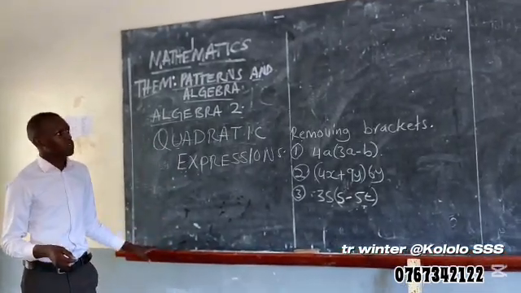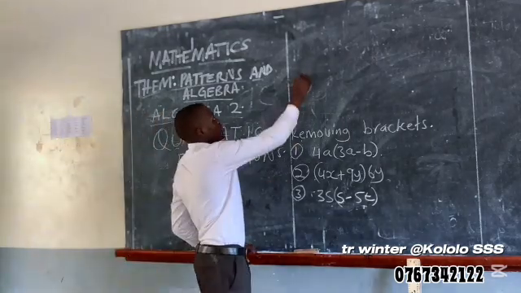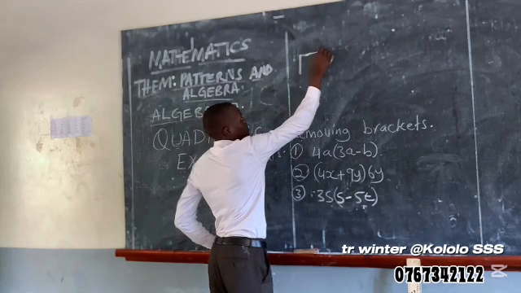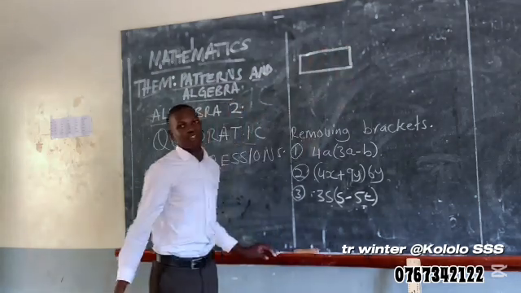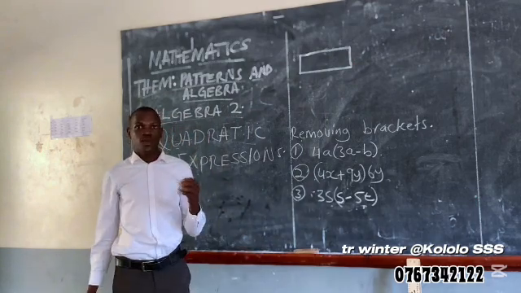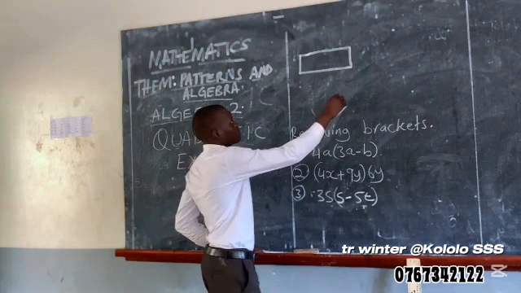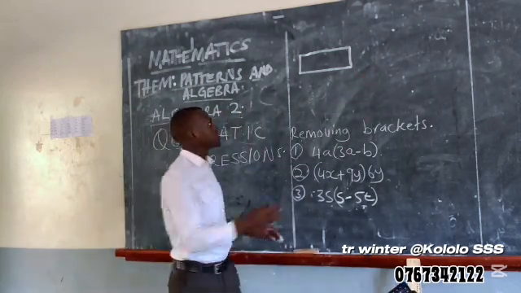An example of a quadratic expression can be got, for example, when you are given a rectangle, and they say that the length is twice the width.